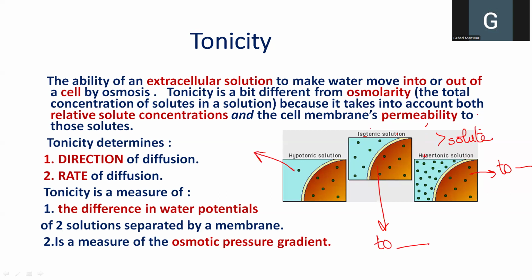Hypotonic means hypotonic to another solution, and therefore the hypotonic solution will have less solute. Of course, if we want to say it in terms of water, the solution that has more solute will have less water, and the solution that has less solute will have more water.